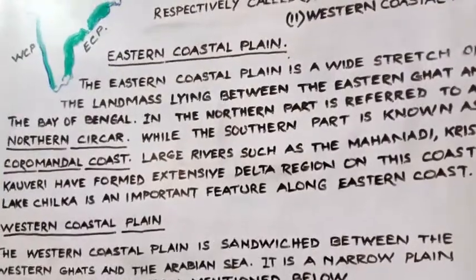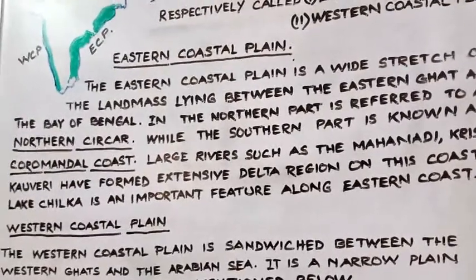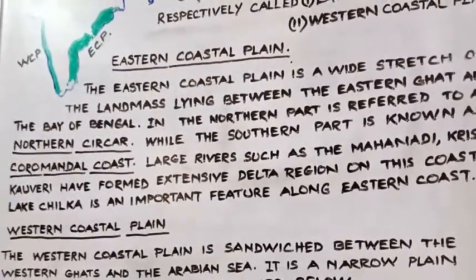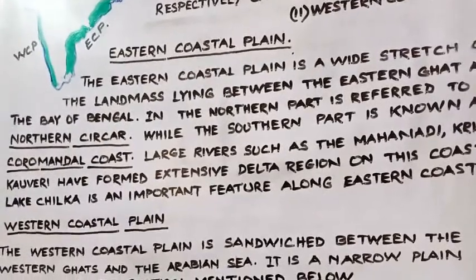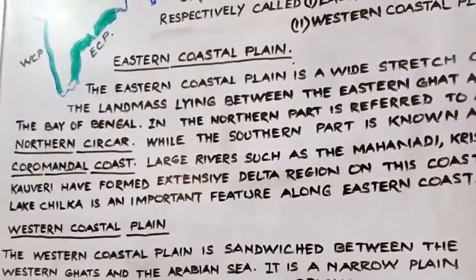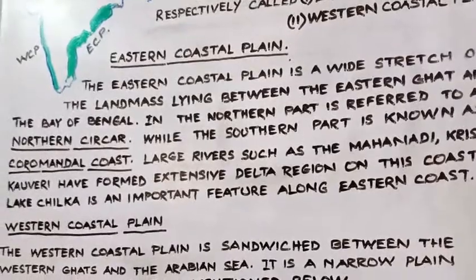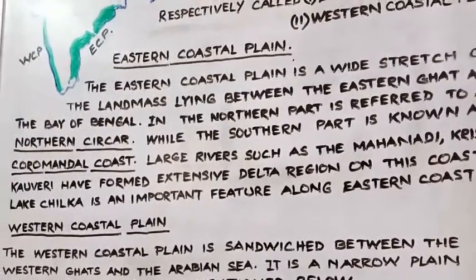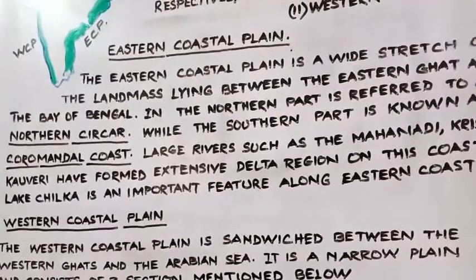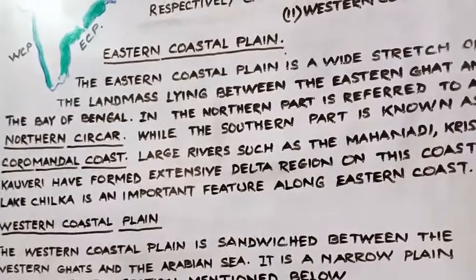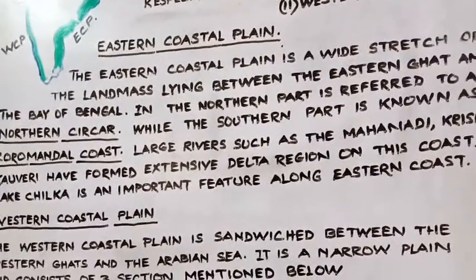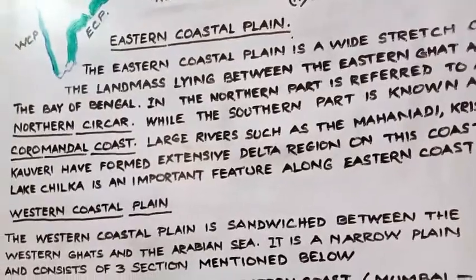So the rivers that flow on the eastern side to Bay of Bengal, they form deltas along the coastal region. Lake Chilka, if you see the map, you can find it in the map. Where is Lake Chilka? Lake Chilka is in Odisha. Lake Chilka is an important feature on the eastern coast.